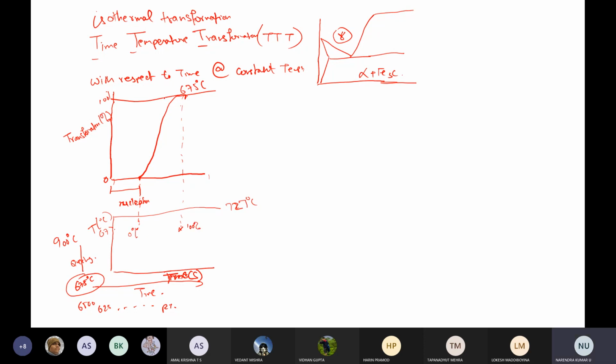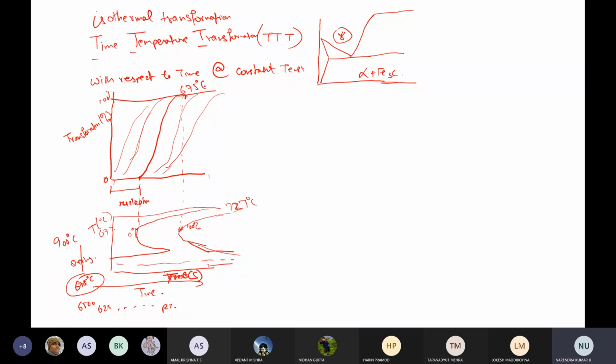So like this for all the curves it has been done, and at last you end up in a curve which is going to be like this. So this is what we saw.